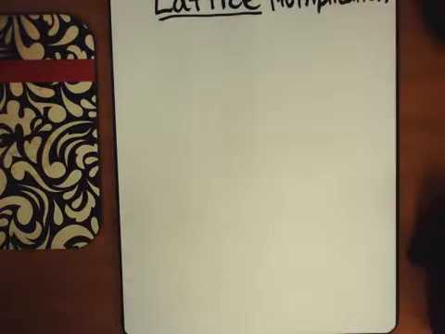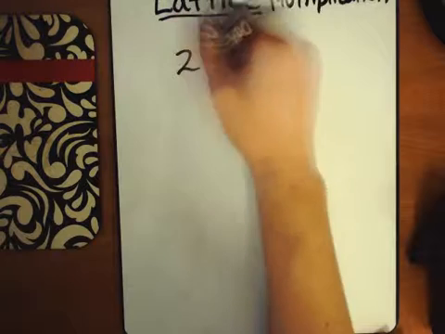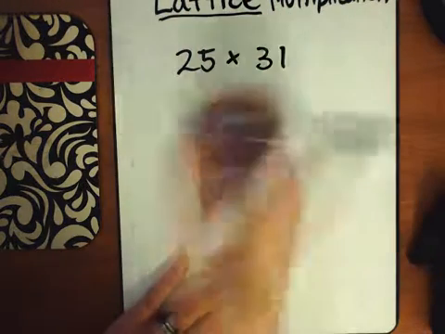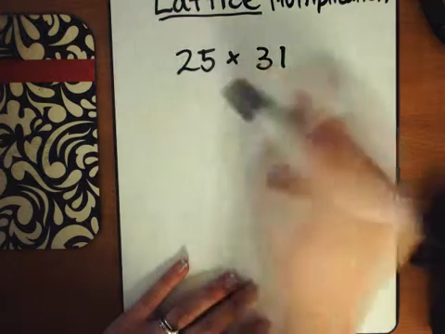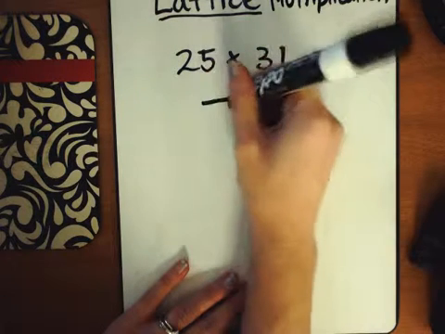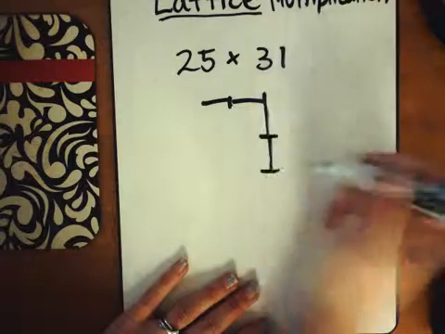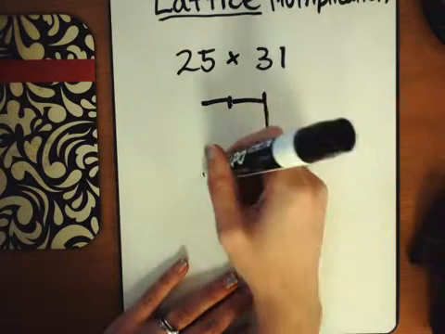Okay, so go ahead and show me, guys. Let's do 25 times 31. So remember, we're going to have 2 digits by 2 digits, so I need 2 wide and 2 long to set this up.